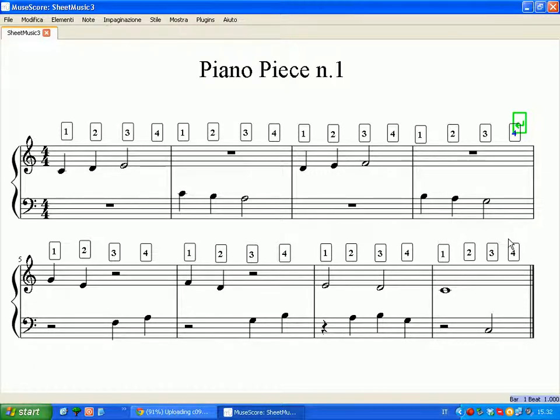Why are we going to do this? Because if we will be able to sing these notes, it will be very easy then to play them, because we will already know the correct rhythm with which to play it. So now we have to understand how to sing these with the correct rhythm.